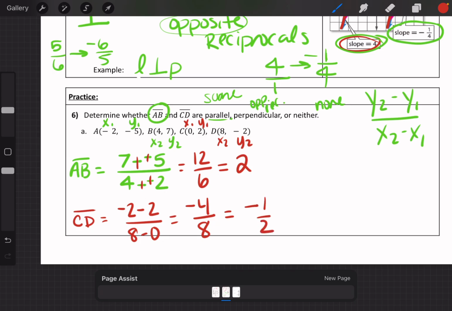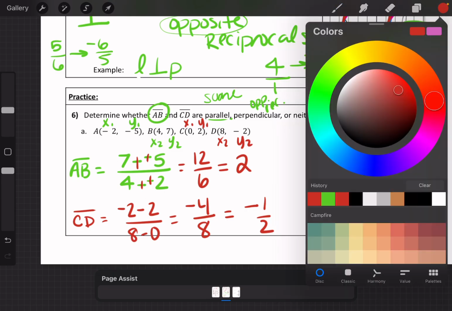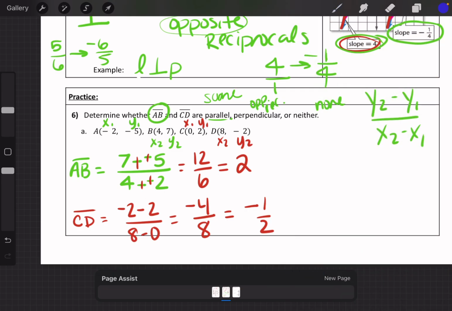So finding the slopes is part of the problem and it is part of your answer, but you also need to decide parallel, perpendicular, or neither. So this is my slope of AB, this is my slope of CD, and we're going to compare the two numbers. If they were exactly the same, we would say these lines are parallel. If they're opposite reciprocals, which if we take 2 over 1 and we flip it, we get 1 over 2.